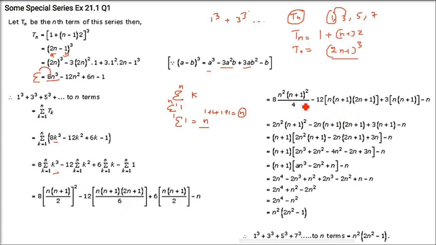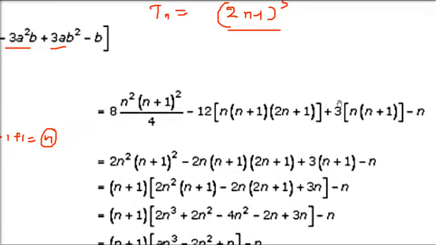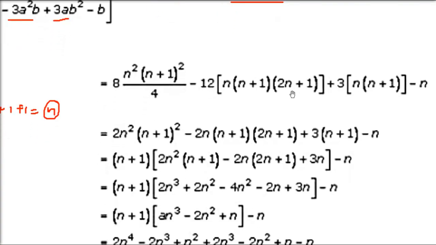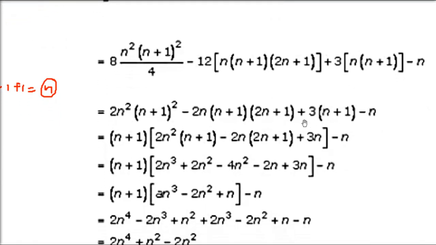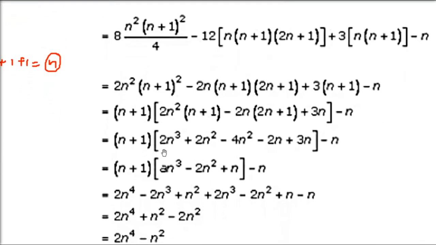Now we just have to rearrange. If you take n plus 1 by 2 common, because we have already done the multiplication and all that, you just have to rearrange. We are going to take n plus 1 by 2 common, or you can just multiply and rearrange. Like if you see n plus 1 is common, if you get rid of the denominator, you can take n plus 1 outside.